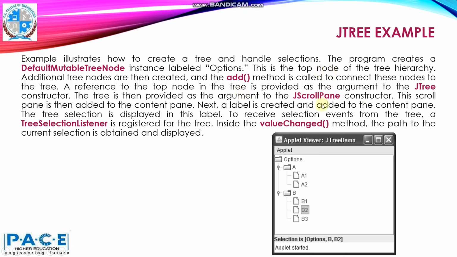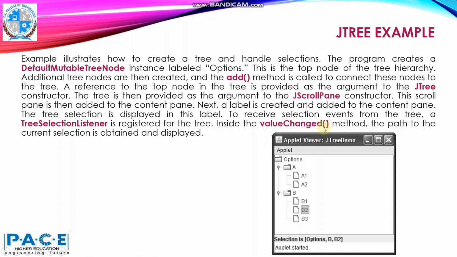Now if we select any item in the tree, then a tree selection event is generated. To receive the selection event from the tree, a tree selection listener is registered for this tree, and inside this tree selection listener there is a valueChanged method.